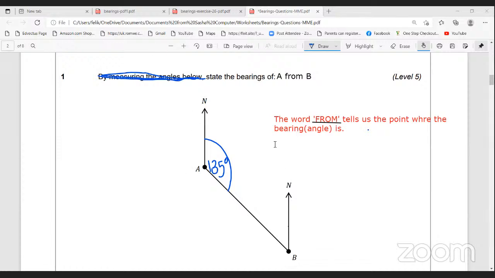Let's write that down. So the bearing is measured from the north line in a clockwise direction.